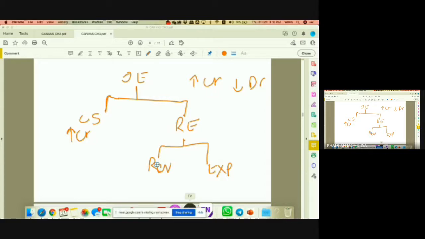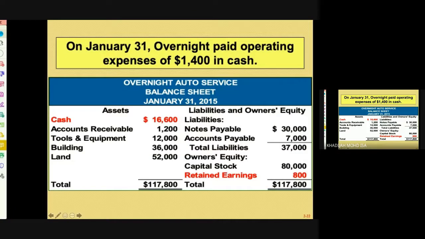Whenever you have revenue, it's a credit side, because revenue increases owners' equity. But whenever you have expenses, the account will be debited. Do you get that?